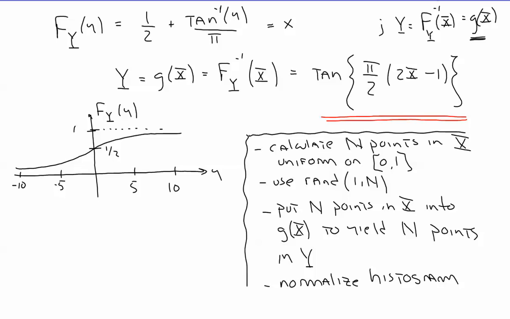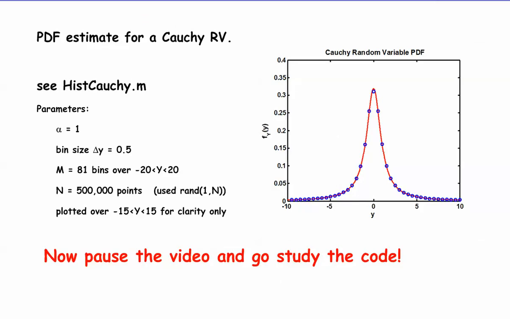The results look something like this. All right. Once again, I'm going to give you the MATLAB code that I use. It's called histcauchy.m. Alpha was 1. Remember, that's one of the assumptions for this particular analysis. After a lot of fiddling, until it looked good, I chose a bin width of 0.5.